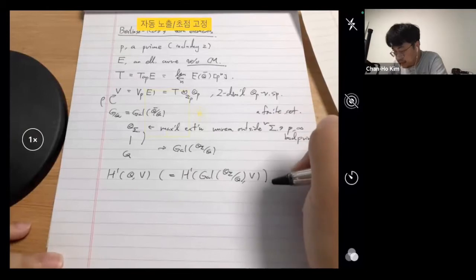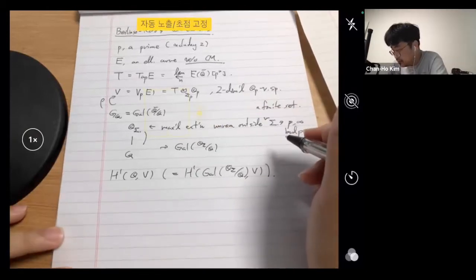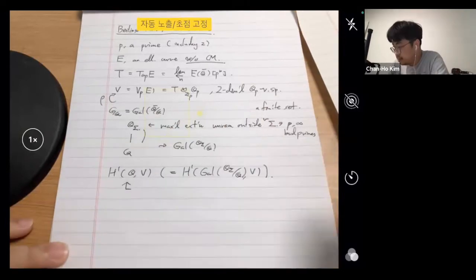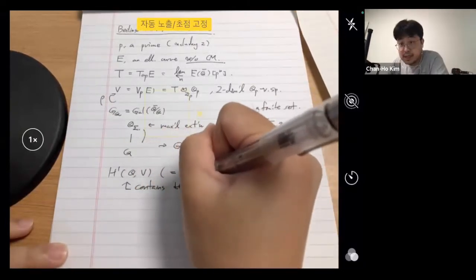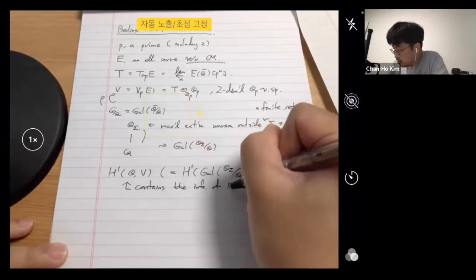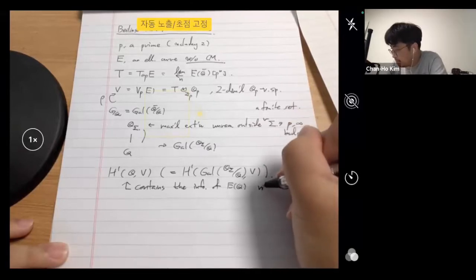And this global Galois cohomology contains the information of the Mordell-Weil group via the Kummer map.